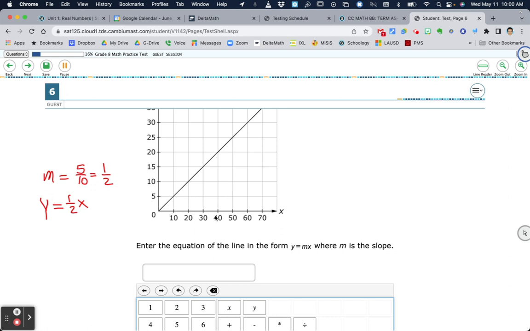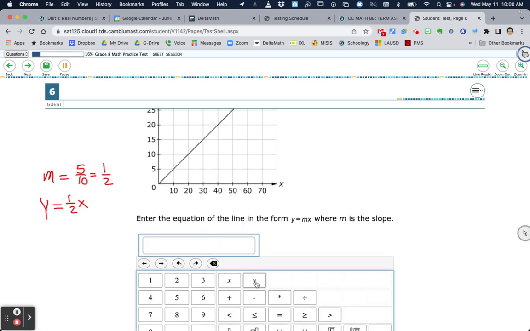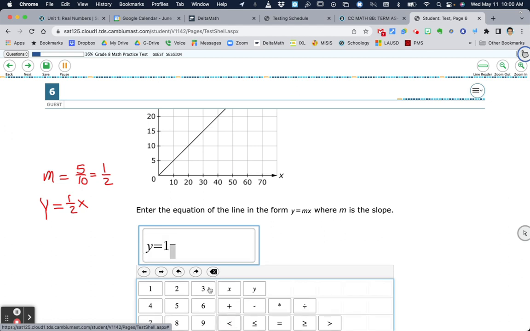Carlos. Can we also put y equals 5 over 10x? Yes, but you probably wouldn't get full credit. They want you to reduce. So I recommend y equals 1/2x.